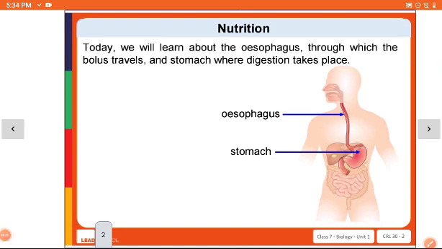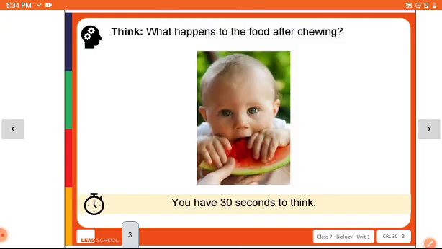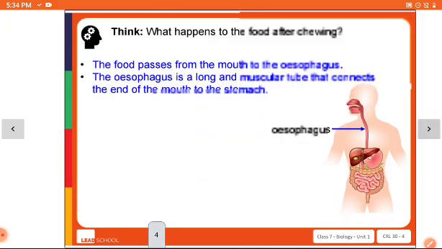Students, further we are going to discuss the esophagus and stomach. So what happens to food after chewing? The food passes from the mouth to the esophagus, and the esophagus is a long, muscular tube that connects the end of the mouth to the stomach.